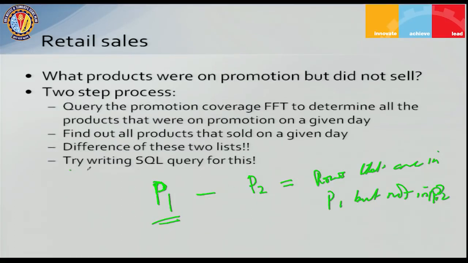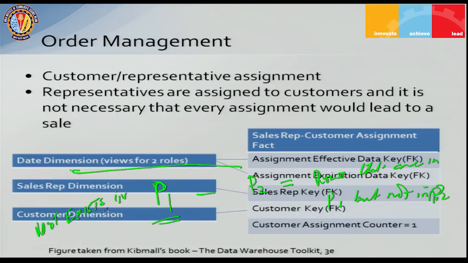It is strongly recommended that you try to write an SQL for this. If you know the clause not exists in, it would be easier for you. Or you write them as two separate queries and then take the difference of the results, so you can nest the queries. So this is the retail sales example.